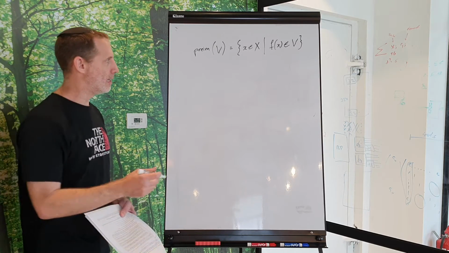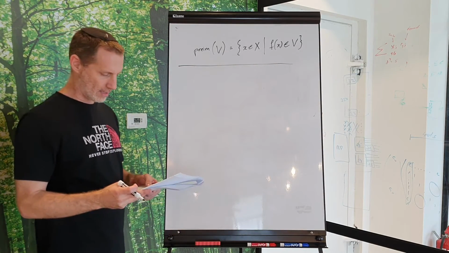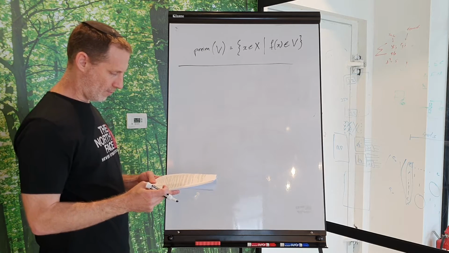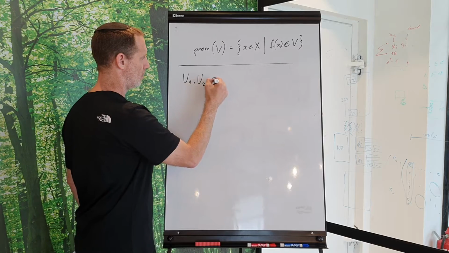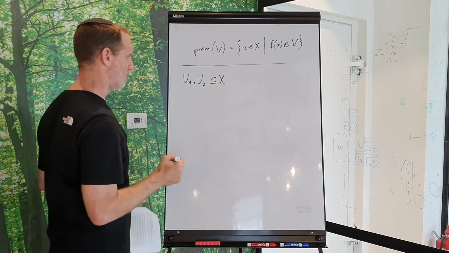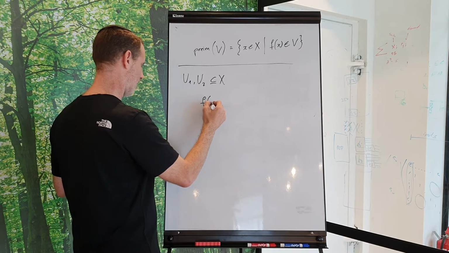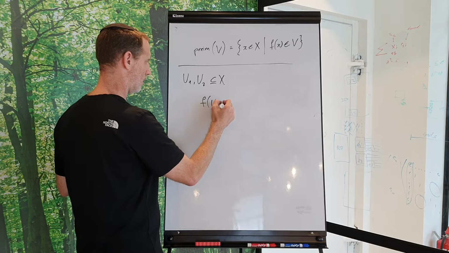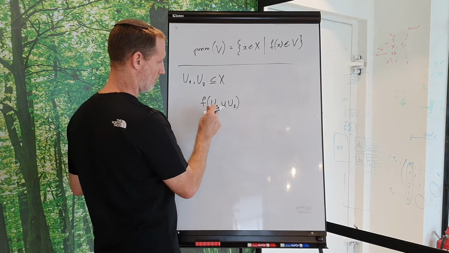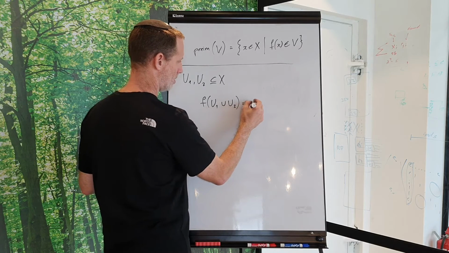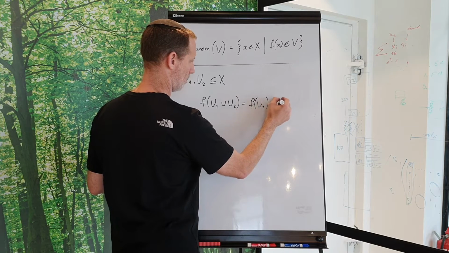So now, this is pretty simple. Just think about it as I write it. If we look at U1, U2, both subsets of x, then we can say that f of U1 union U2, in y, is actually equal to the union of the two sets.